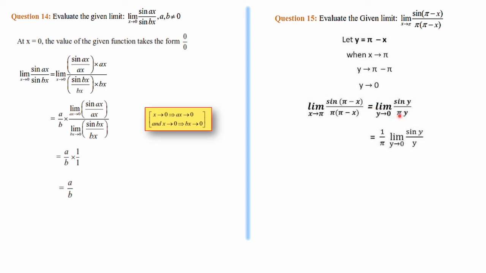We don't want it here, just take it out. That is equal to 1 by pi into limit y tends to 0 sine y by y, purely in the trigonometric limit formula form. So limit y tends to 0 sine y by y, that is 1 by pi into 1. Directly we can apply the formula here. So 1 by pi into 1 is equal to 1 by pi. That is the answer.